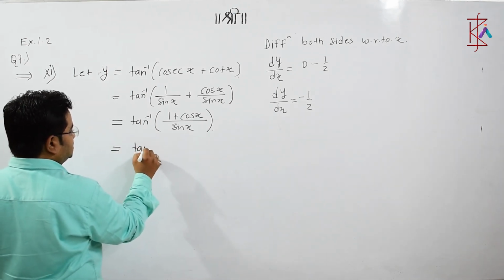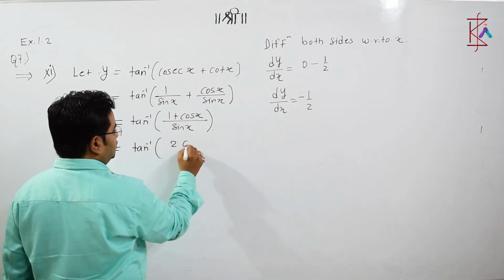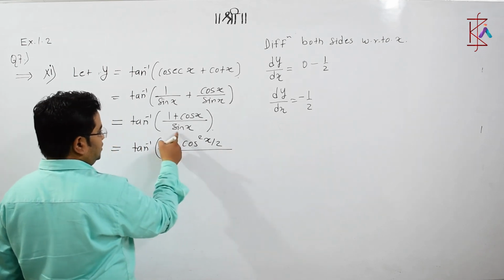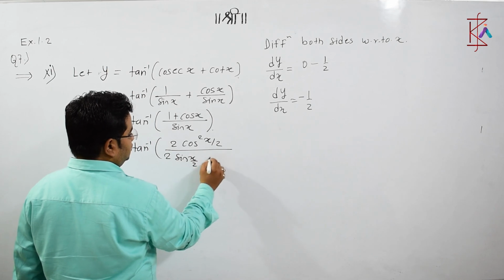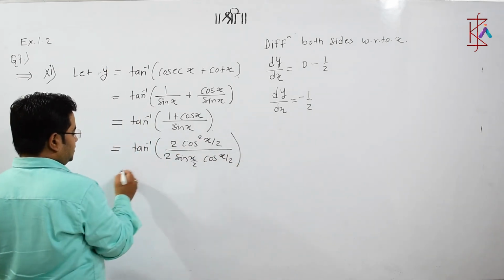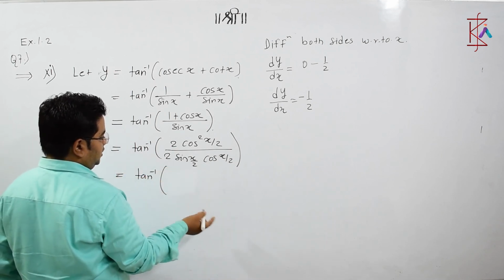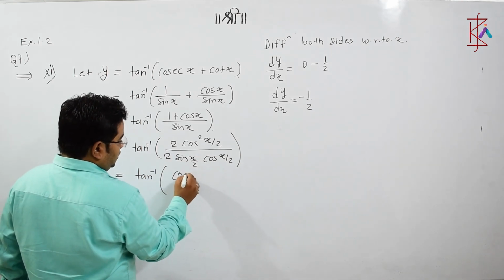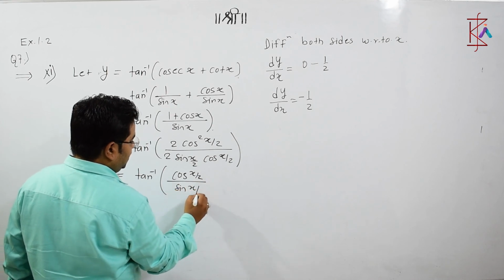So tan inverse of, what is 1 plus cos x? 1 plus cos x is nothing but 2 cos square x by 2, divided by sin x, which is nothing but 2 sin x by 2 into cos x by 2. Again, this cos x by 2 will get cancelled, and what remains is tan inverse of cos x by 2 divided by sin x by 2.